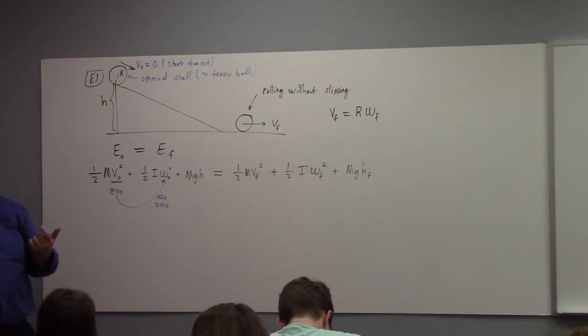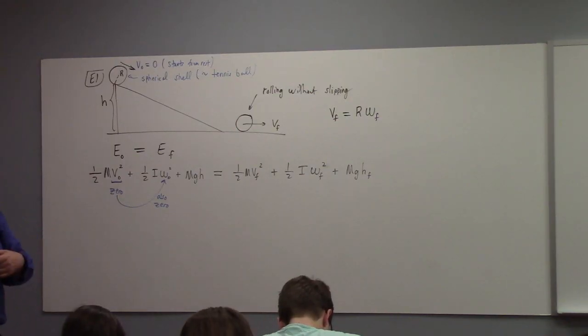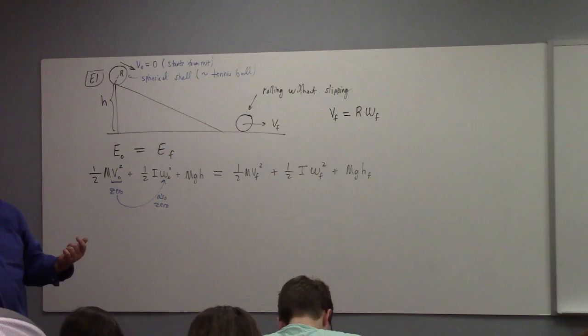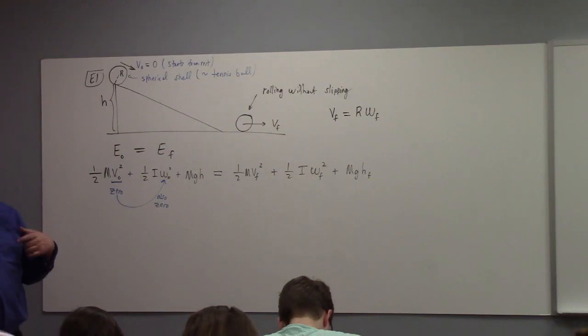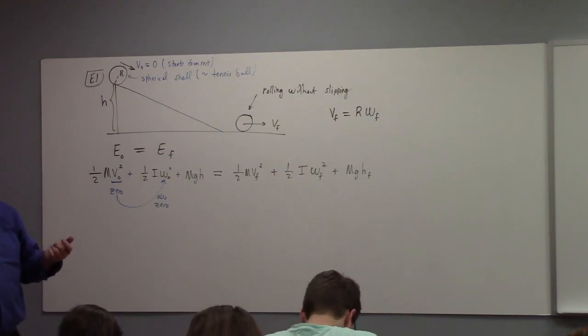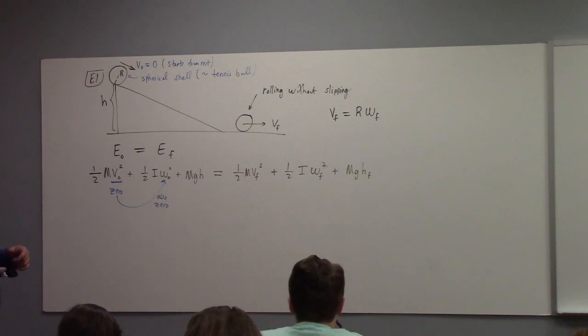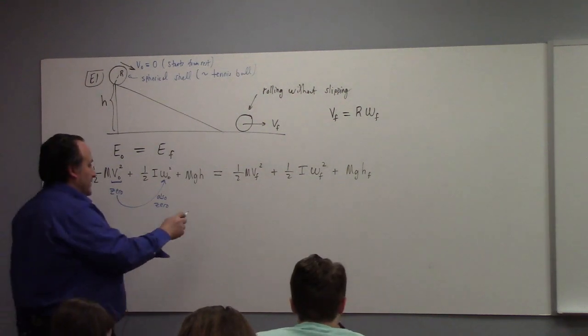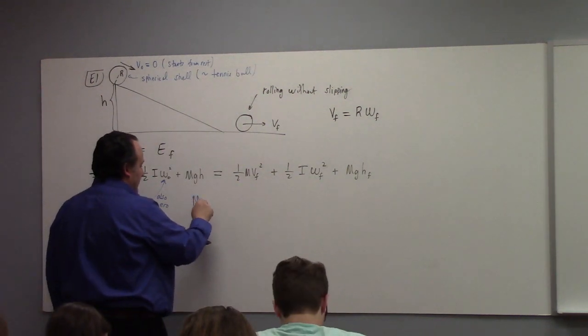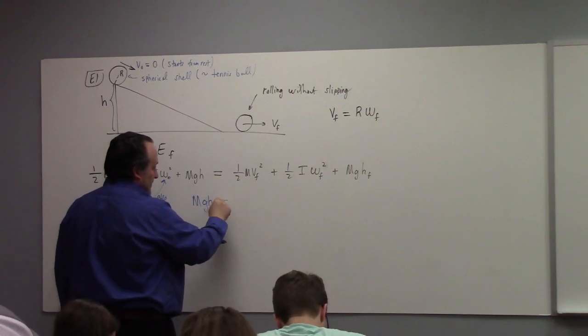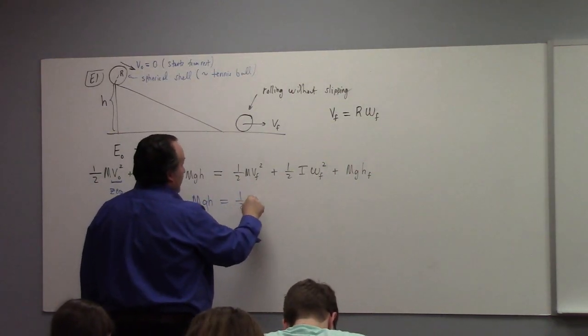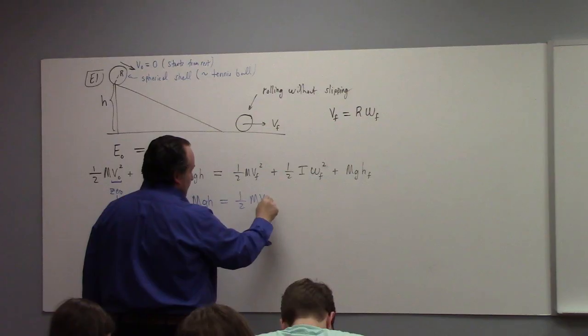If it was rolling and it wasn't moving, that would mean it's not rolling without slipping, it would be slipping. So long and short of it, we got ourselves an mgh equals 1/2 big M Vf squared.